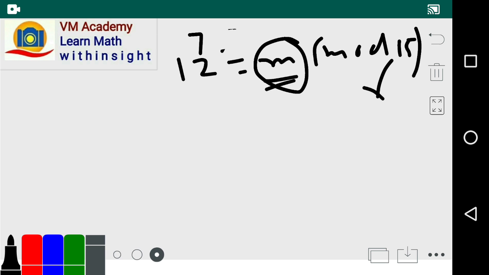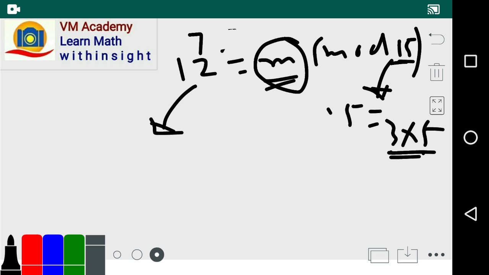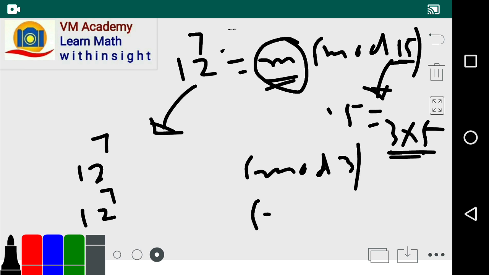For that, instead of considering this big number, we factorize 15 into coprime factors. So 3 and 5 are relatively prime. Now we can calculate 12 raised to 7 modulo 3 as well as 12 raised to 7 modulo 5, and from this we can calculate m.